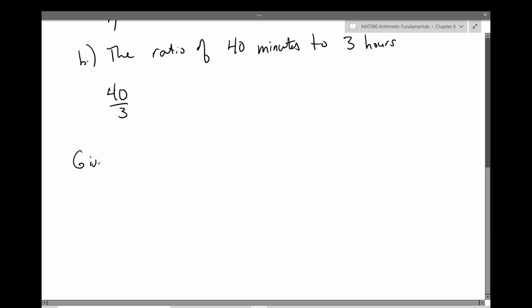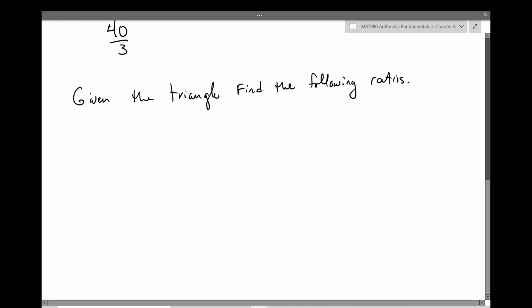So how about this? How about, given the triangle, find the following ratios. All right, so let me draw this real fast. So it's a nice right triangle there.